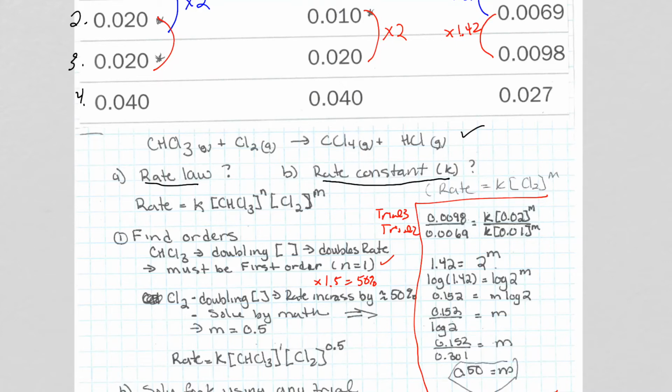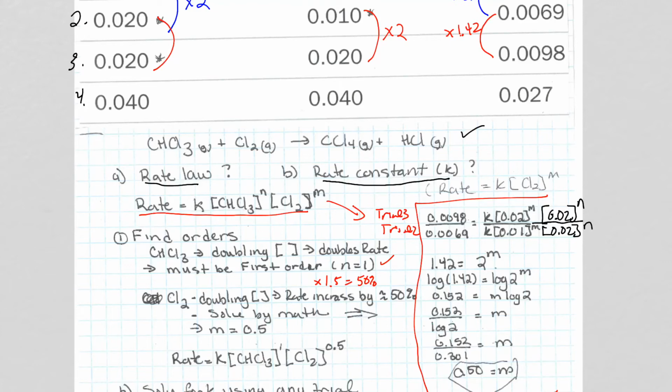Now, notice I didn't write the CHCl3 concentration, but I could. Just to make sure it's clear, I could write the CHCl3 here as 0.02 raised to the n, but it's the same, right? 0.02 raised to the n. So I'm taking this equation for trial 3 and this equation for trial 2 and dividing them.